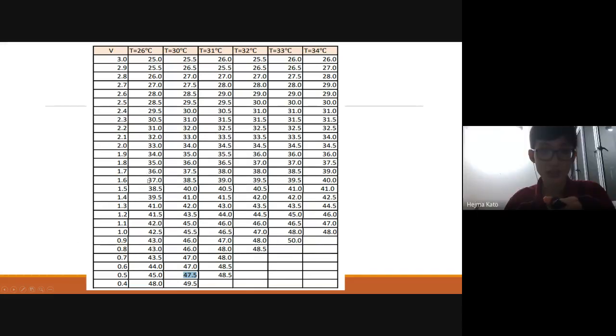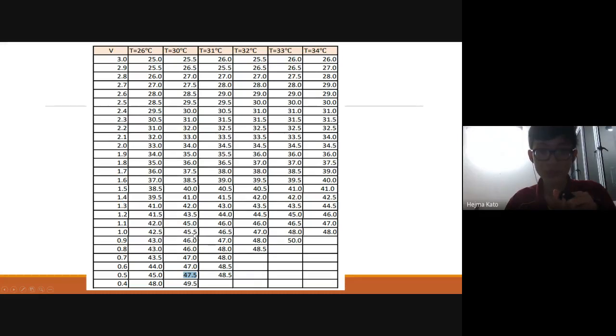We can see that at a certain temperature, the pressure will stay the same for some volumes. For example, when the temperature is 26 degrees Celsius, the pressure at around 0.9 to 0.6 milliliters stays the same.